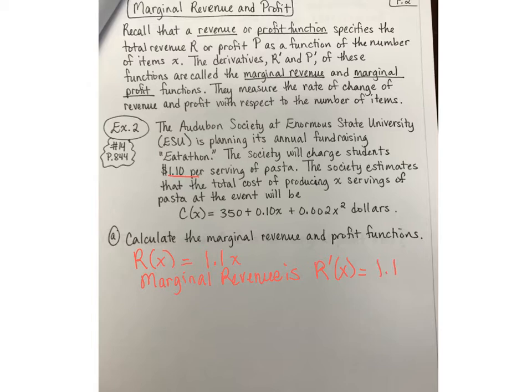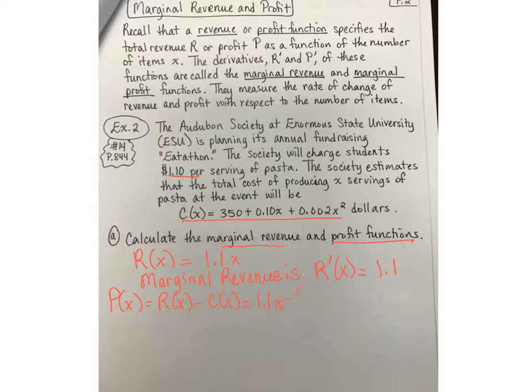Now, it says calculate the marginal revenue and the profit function. Your profit, remember, is your revenue minus your cost. So that's equal to 1.1x minus all of that.